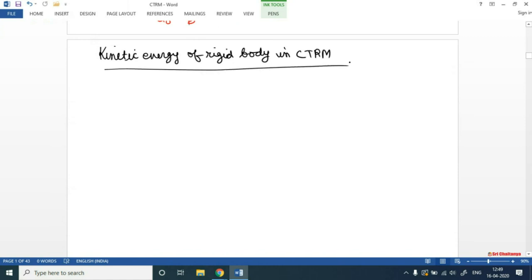Okay, so we have already said that the kinetic energy of any system of particles can be written as the kinetic energy of the system of particles in the C frame plus half times the total mass of the system into the speed of the center of mass squared.